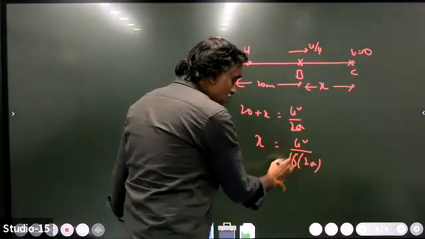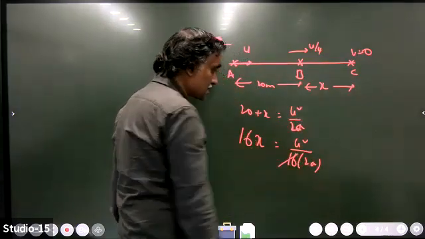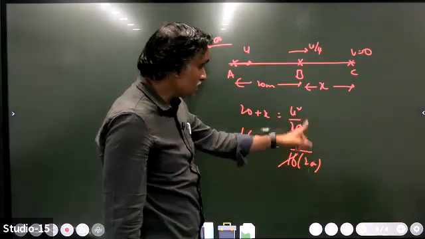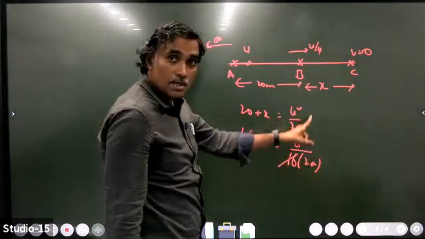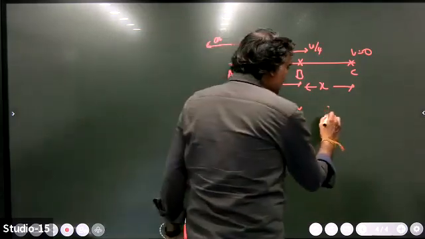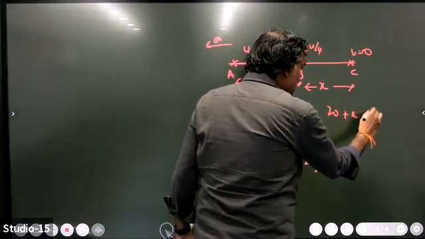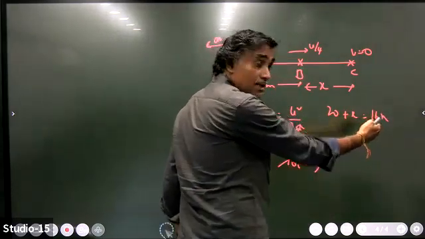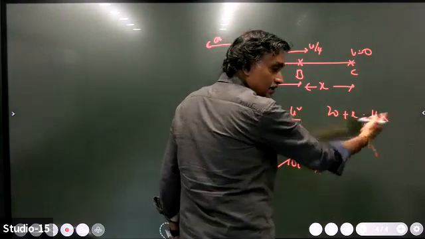Now bring this 16 to LHS. You get 16x. What is the RHS here? u square by 2a. Here also u square by 2a. Because the RHS is the same, the LHS should also be the same. So 20 plus x is equal to 16x. Taking it to the RHS, 16x minus x is 15x.